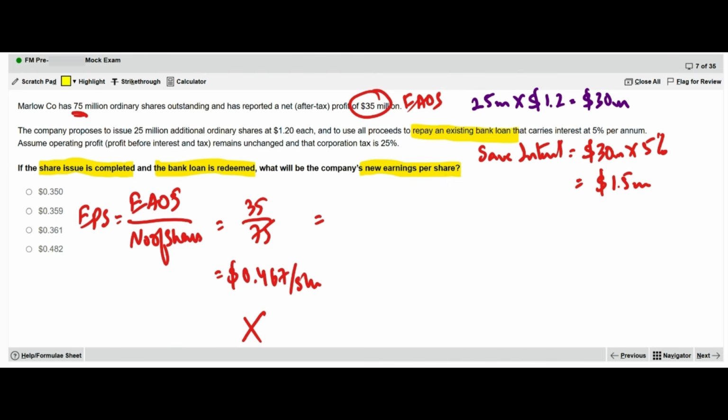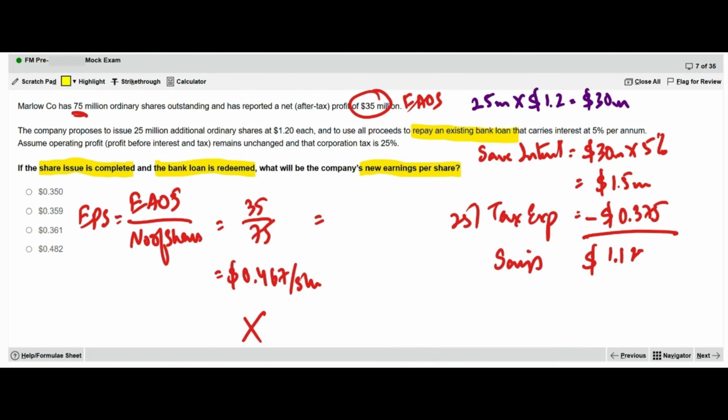But when I used to pay that interest, I had tax savings on it. The tax savings were at 25 percentage, so 1.5 into 25 percentage gives me 0.375. So after the tax saving impact, my savings would be 1.125.